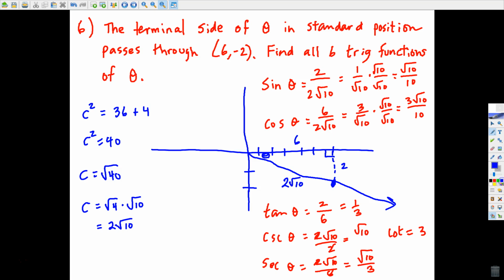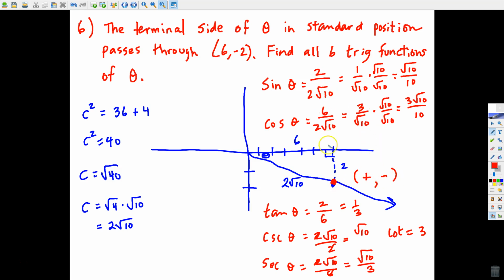Now, one thing I want to make clear I haven't done yet is I've just run through all of the trig ratios, trig functions of theta. But we have to remember, and a lot of people are forgetting this, in quadrant 4, the ordered pair looks like this. The x-coordinate is positive and the y-coordinate is negative.